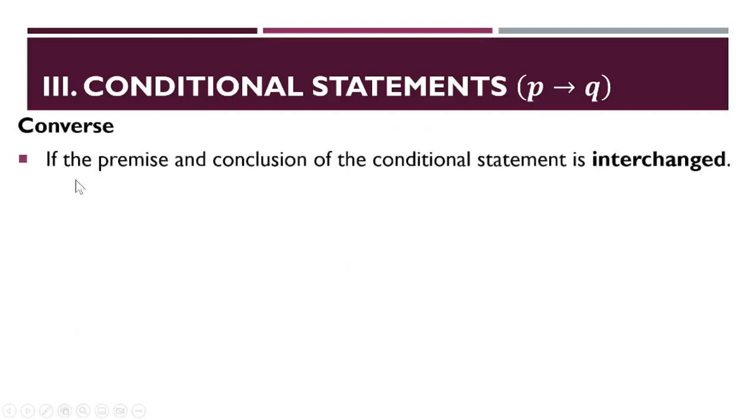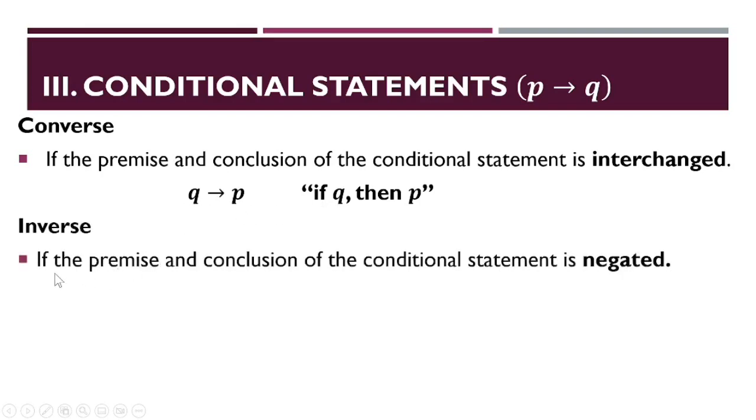The converse is if the premise, or the antecedent, and the conclusion, that is the consequent, of the conditional statement are interchanged. That means we interchange the position of the P and Q. So Q implies P. The inverse is if the premise and conclusion of the conditional statement are negated.